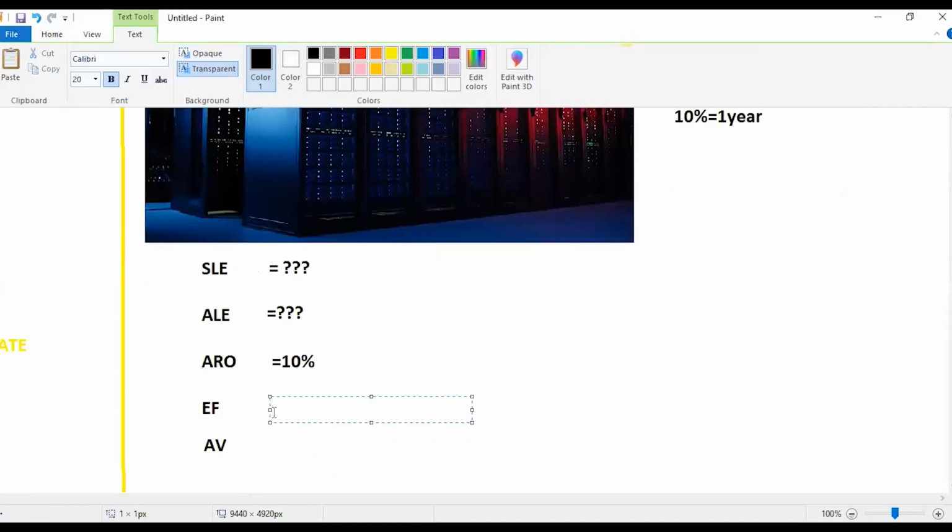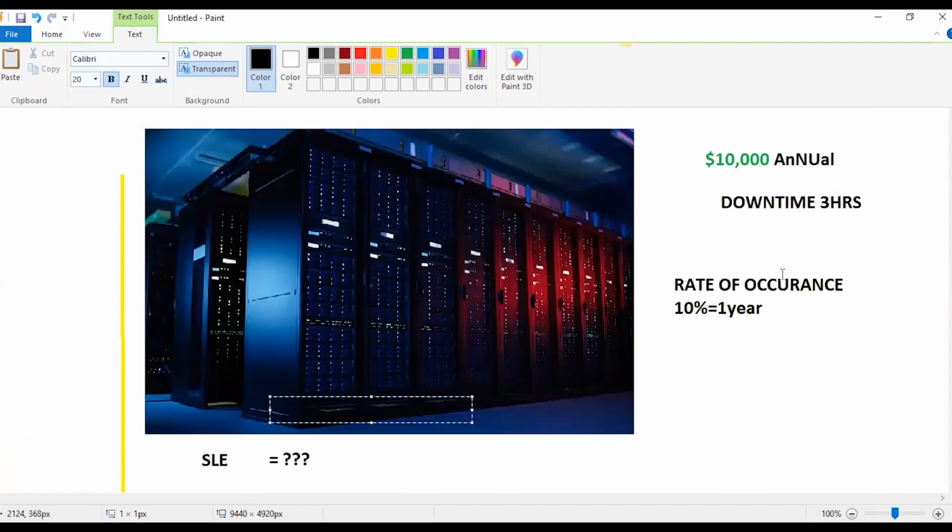Exposure factor means, how much time your asset will be in failure, how much time it will be in downtime. So the exposure factor here is how much downtime: 3 hours.